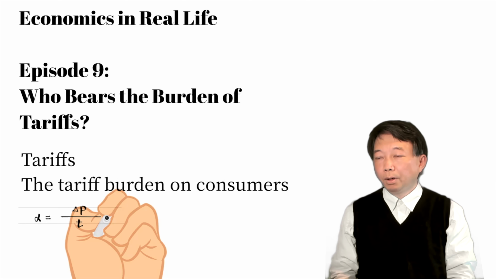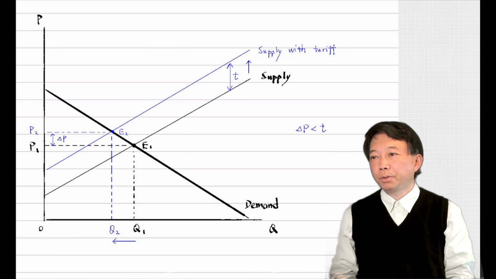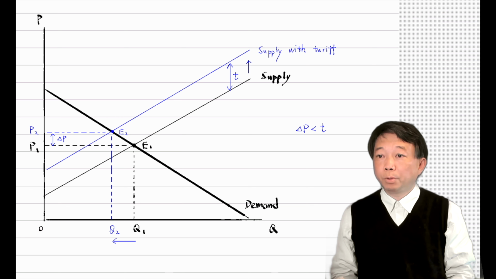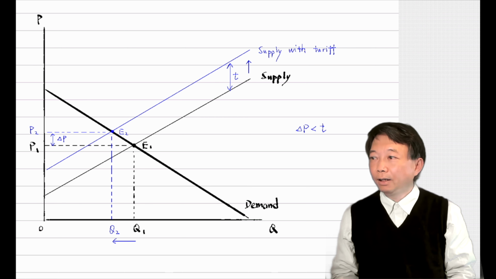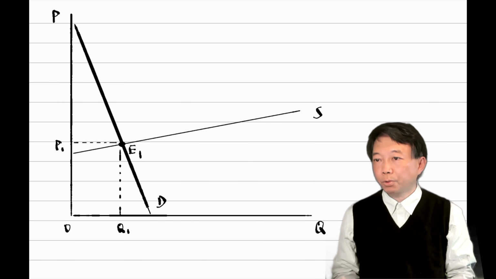What determines the tariff burden on consumers? It is closely related to the price elasticities of demand and supply curves. In the graph, price elasticity is represented by the shape and slope of the curves. The steeper the demand curve and the flatter the supply curve, the higher the tariff burden on consumers, as shown in this graph.